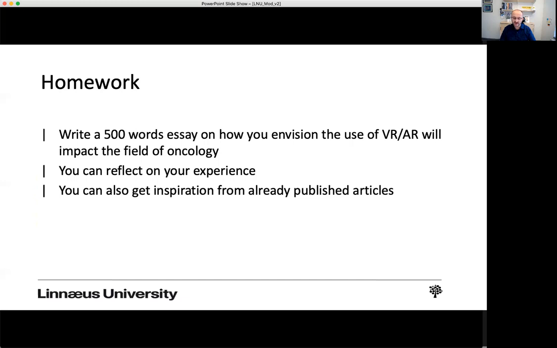I'm sure you all have some experience of some sort, and you can relate how this technology could be used. Maybe you can think back to a situation where this technology could have been really needed or helpful, or perhaps you have a vision of how it can be used in the future.